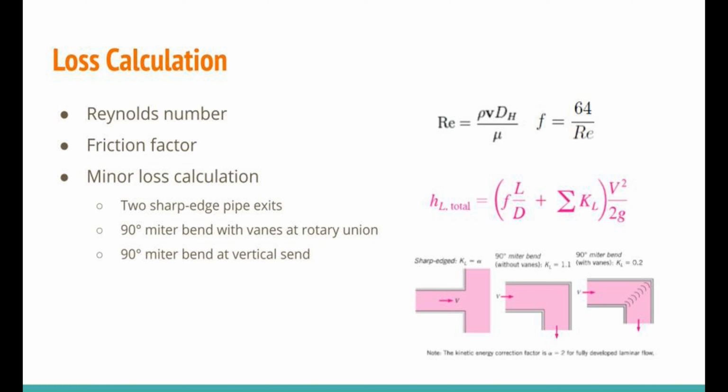And then we also had a 90-degree bend that changed our flow from horizontal to vertical for our measuring. With all of this taken into account, we calculated that the total head loss was 0.1118 feet.